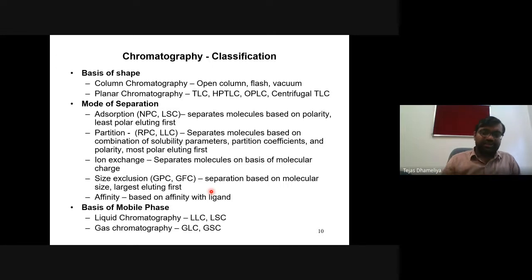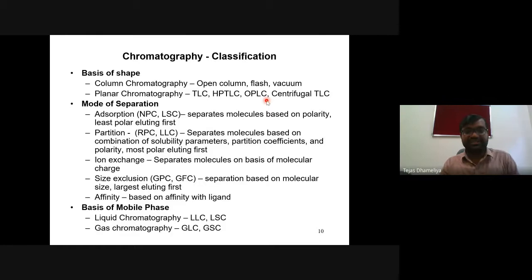Chromatography techniques can also be classified depending upon the shape, whether it is column chromatography or planar chromatography. Column chromatography includes flash, vacuum, and open column. Planar chromatography includes TLC, HPTLC, OPLC, and centrifugal TLC, where the stationary phase is generally flat in nature.